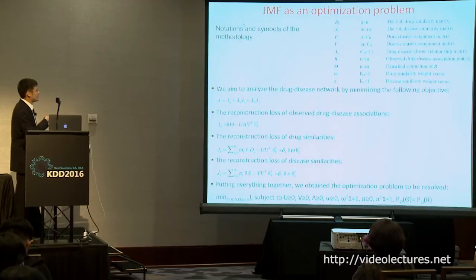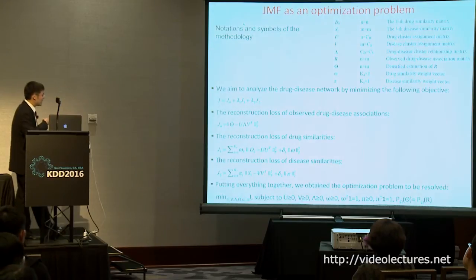We analyze the disease and drug networks with this objective. J0 is the reconstruction loss of the observed drug and disease associations. Theta is the densified version of the drug disease association.